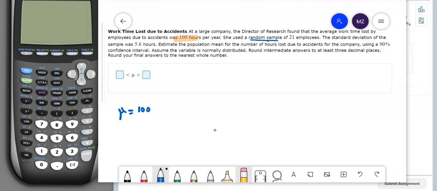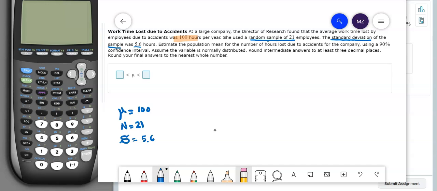All right, so a random sample of 21, so we get n equals 21. The standard deviation of the sample, this is important, is 5.6. So we are not using the sigma, we are using the s because it's a sample, right? Well, it's supposed to be mu x bar, sx bar, but anyway, this is going to be 5.6.